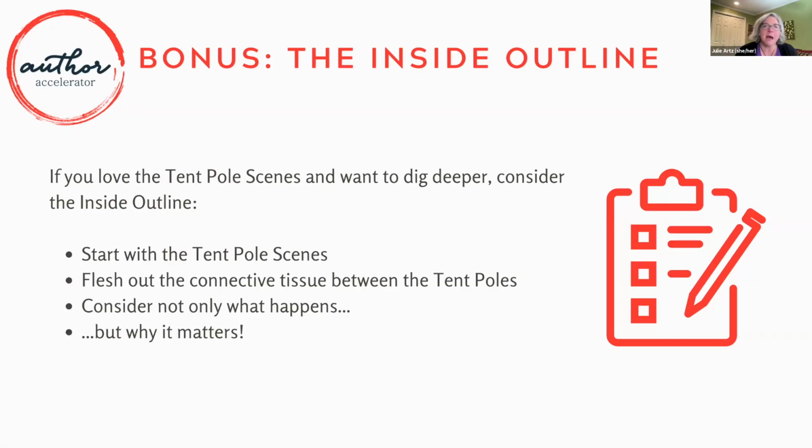Keep in mind that the why it matters can be why it matters to you. That's different from the scene goal the character may have. Sometimes it's good to know both: what the character's goal is for a particular scene, and what you as the author are trying to show by including that scene goal in the scene.